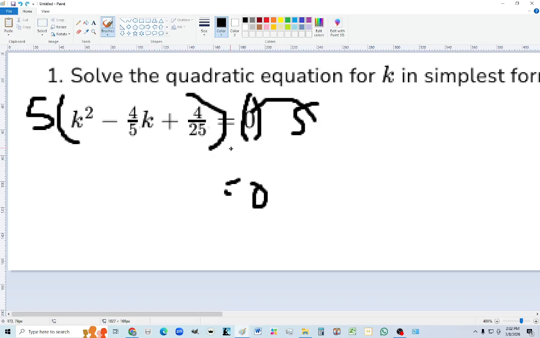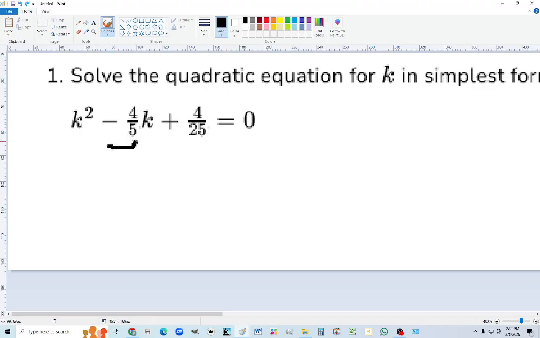Which means to change any fraction in a solution like this, you look at the small and the big and you say, okay, the one that's in common to both is 25 because 5 can go into 25.